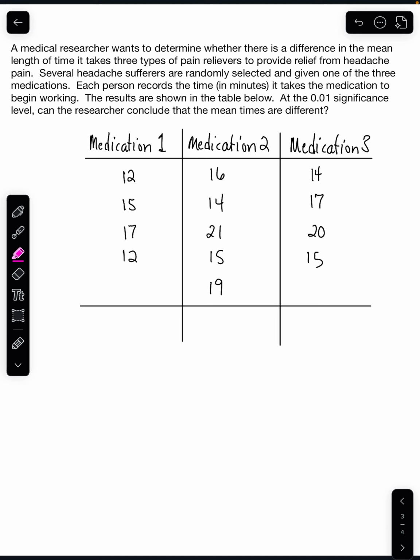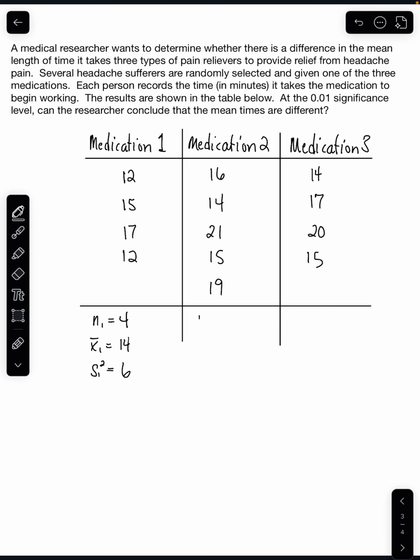Now, in order to speed up some things here, I'm going to give some of the values that we need. What we need for each sample is its sample size, its mean, which I will give to you here as 14, and its variance, which I will also give to you as 6.